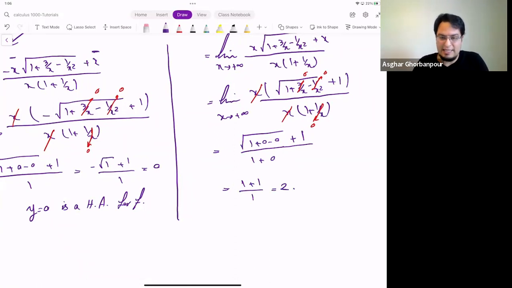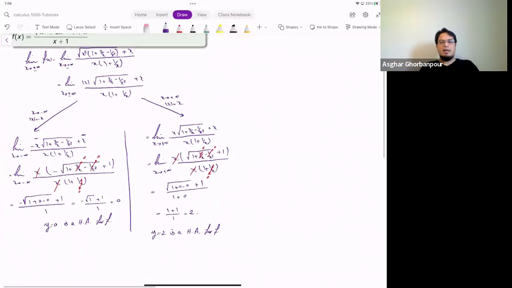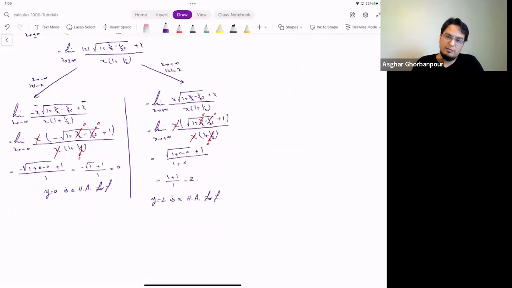So the limit as x goes to plus infinity is 2, so y equal to 2 is a horizontal asymptote. And that's what we found: 2 horizontal asymptotes for this function. As x goes to negative infinity, we have one. As x goes to positive infinity, we have another.